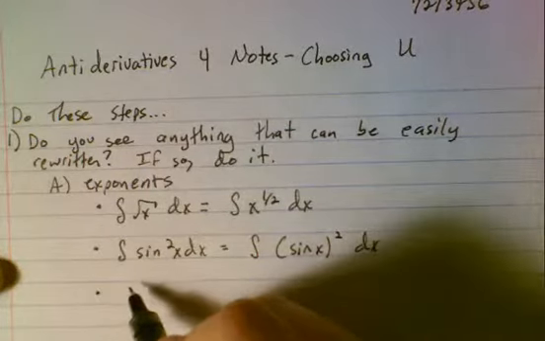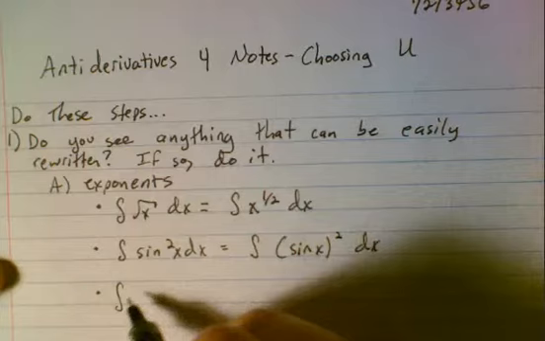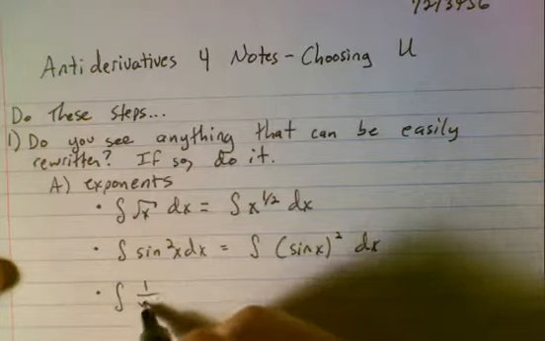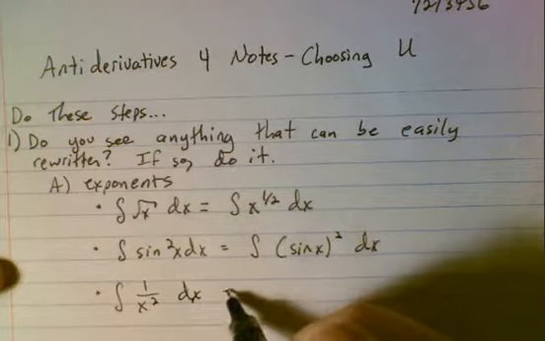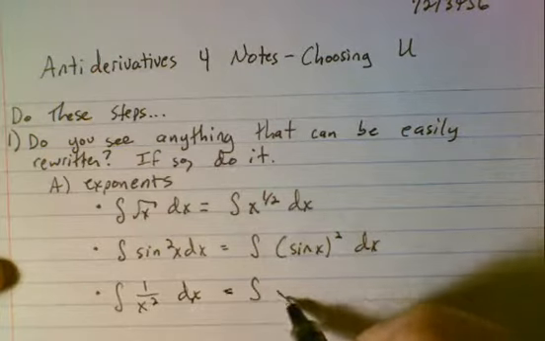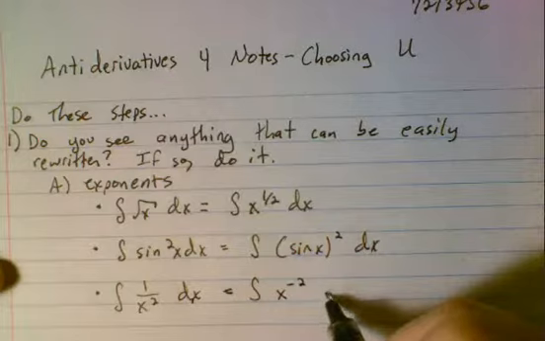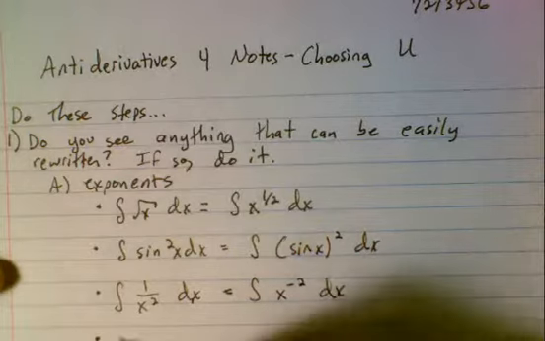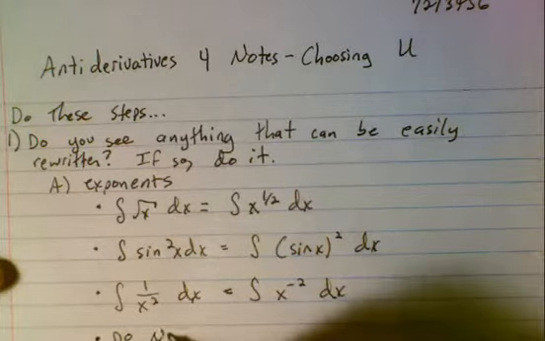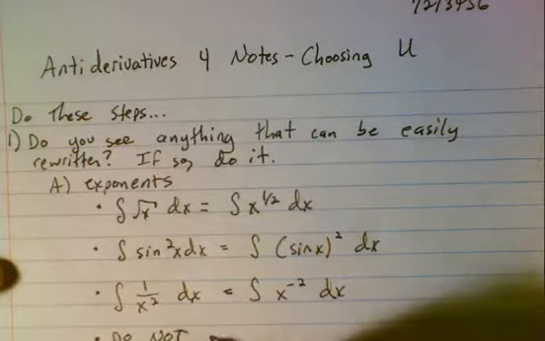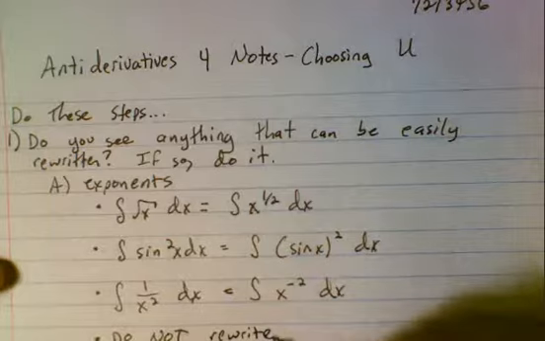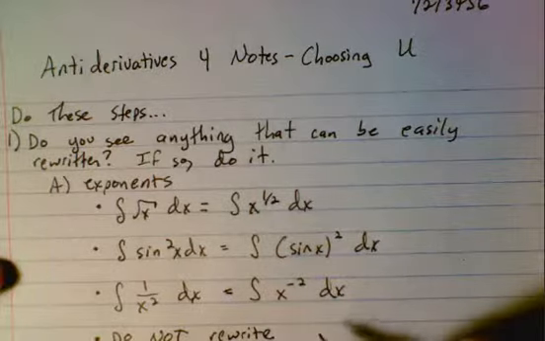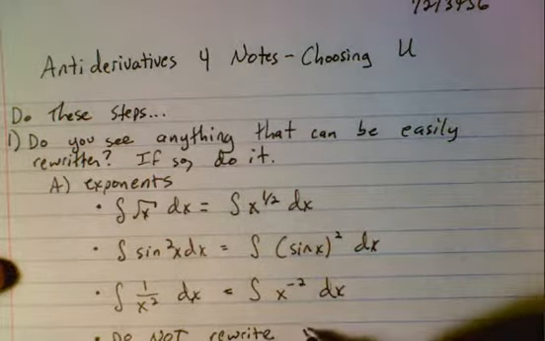These ones look really similar to the ones that we had for derivatives. So we got the antiderivative of 1 over x squared dx is the antiderivative of x to the -2 dx. There's just one that you should not rewrite, and that's the one that doesn't fit in the power rule.